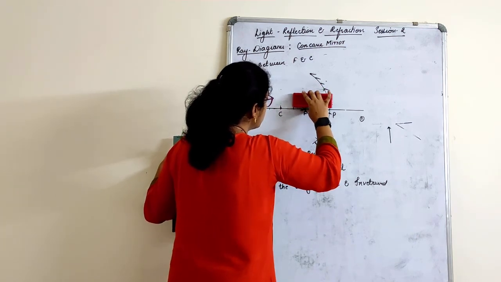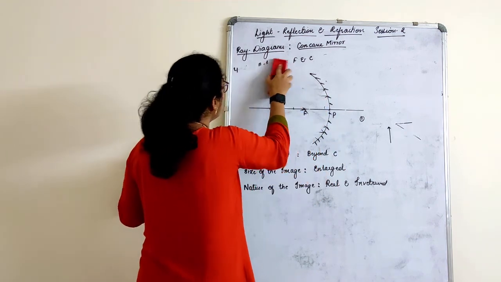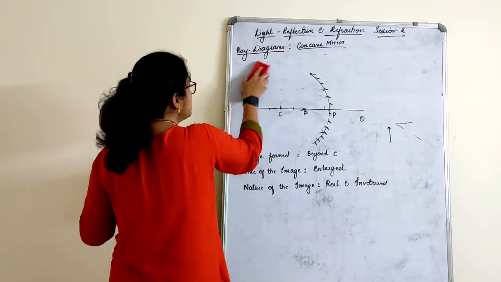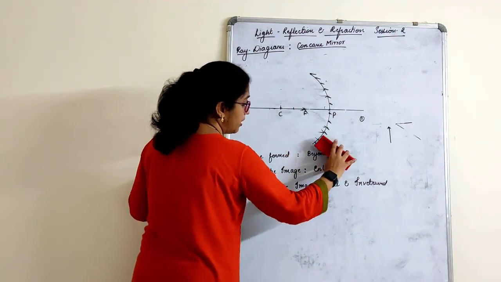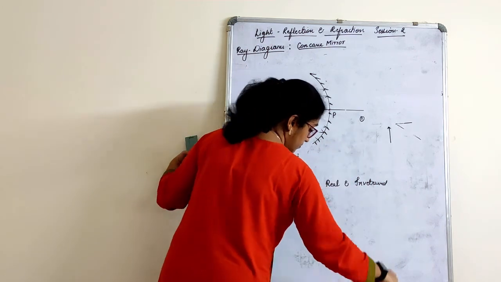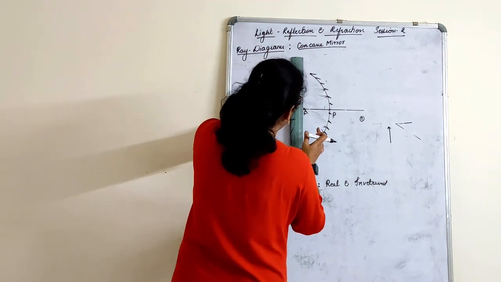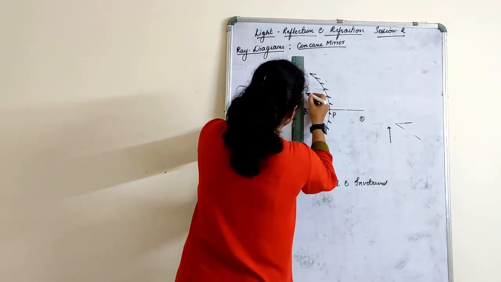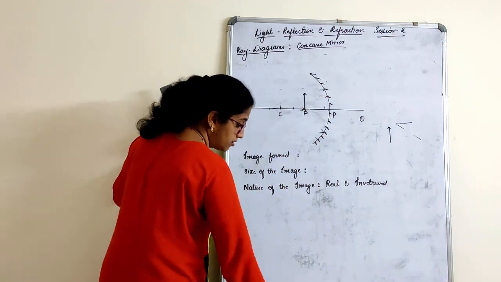See, I can just rub these things and redo it, but for you, you have to repeat all the ray diagrams. Repeat in the sense, do it neatly, systematically, along with these things, what you have to write. So, when the object is kept at F, which one is it?